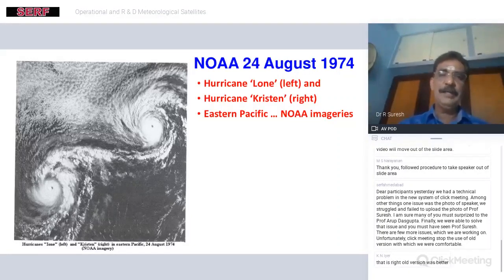Two cyclones at the same point. You know the location. It's over the US, the Eastern Pacific. Hurricane Lorraine on the left hand side, Hurricane Christine on the right hand side, on 24 August 1974.